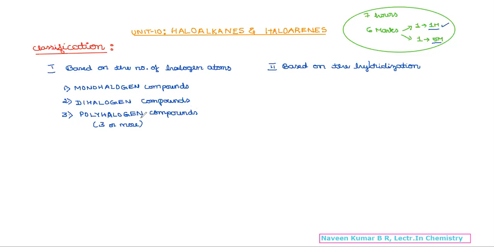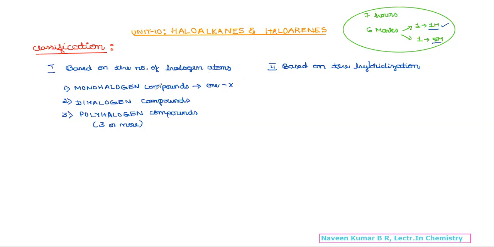Now, what are monohalogen compounds? These are the halogen derivatives of aliphatic or aromatic hydrocarbons. If one hydrogen atom of an alkyl halide or aryl halide is replaced by a halogen, then it is called a monohalogen compound. That is, it contains only one halogen atom.